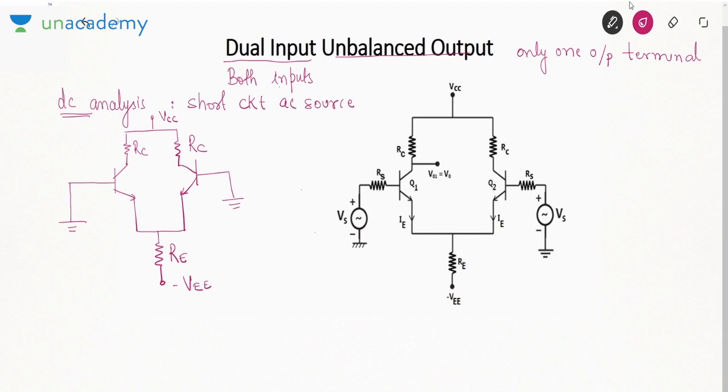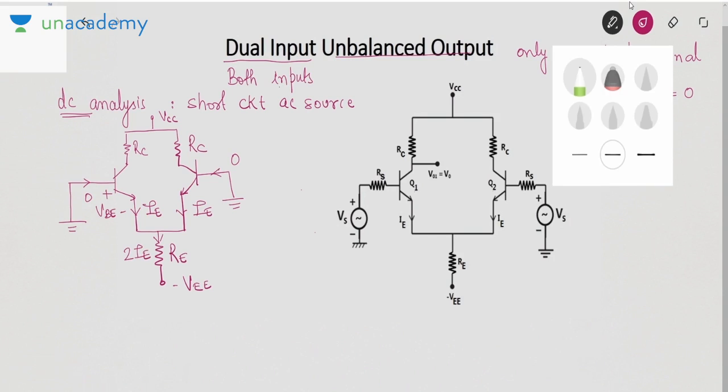Now if I assume beta to be high, then I can say that the base current would be 0. Now this current would be the emitter current IE, and this current would then be 2IE. This will be the voltage drop VB.